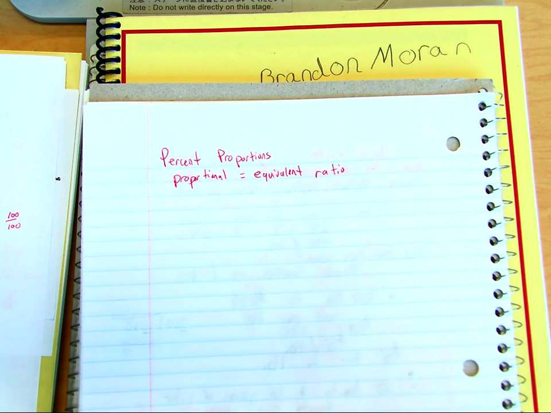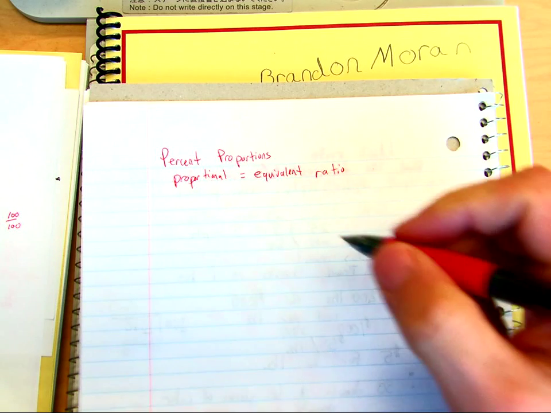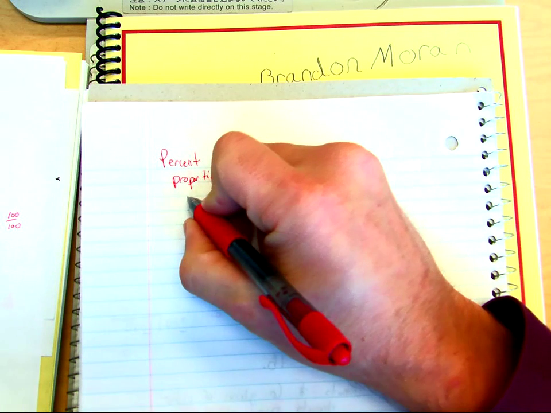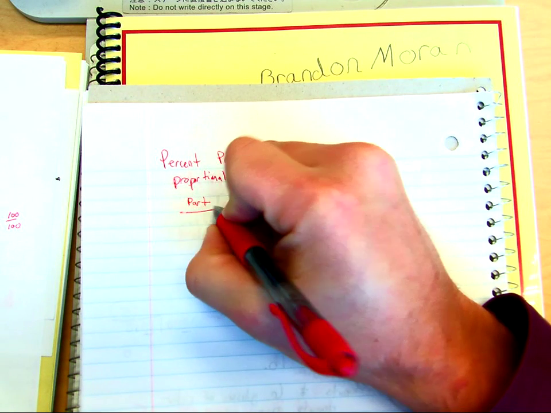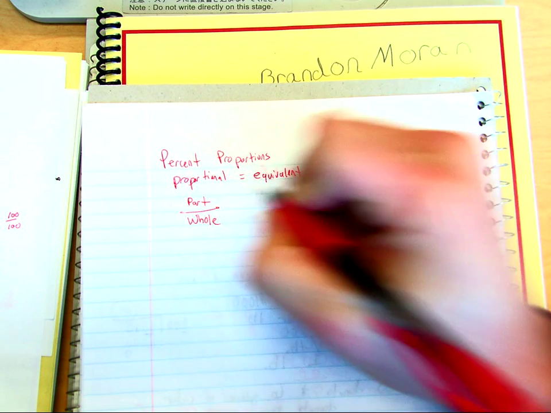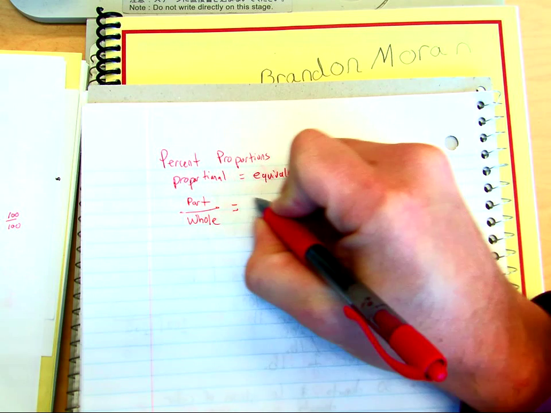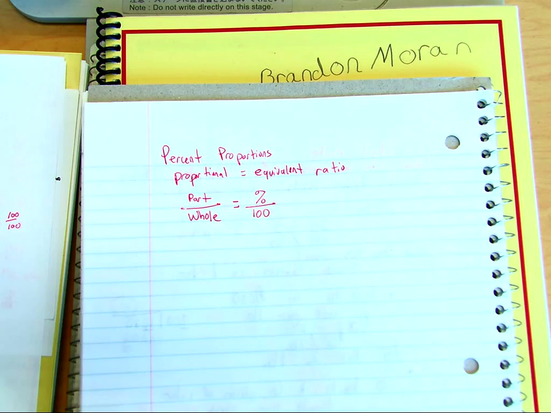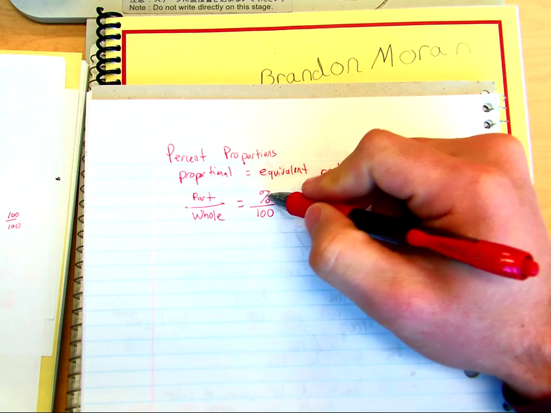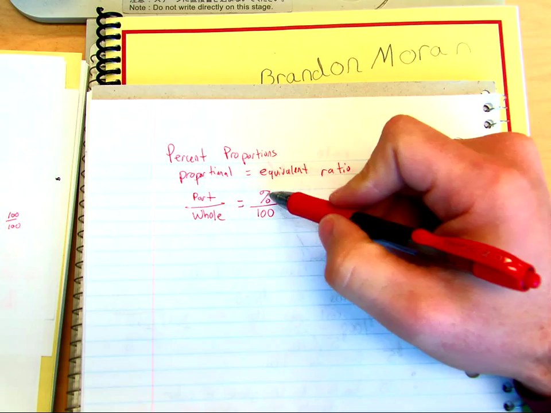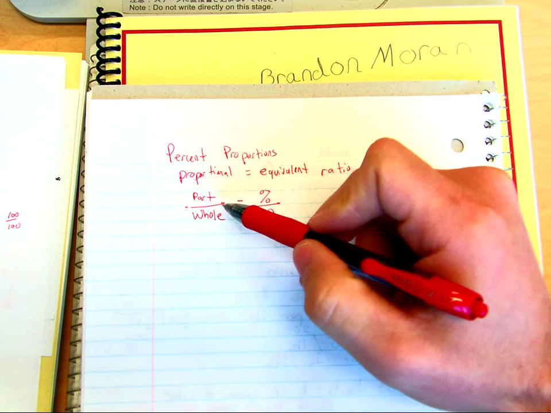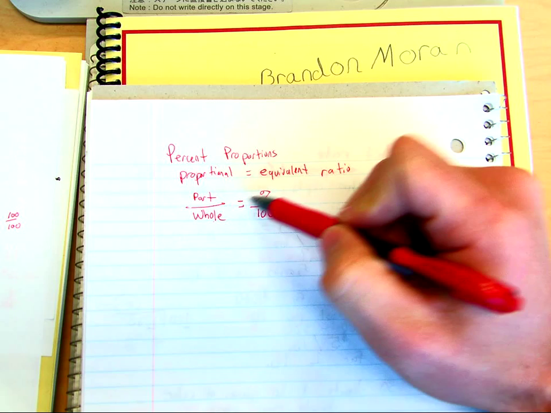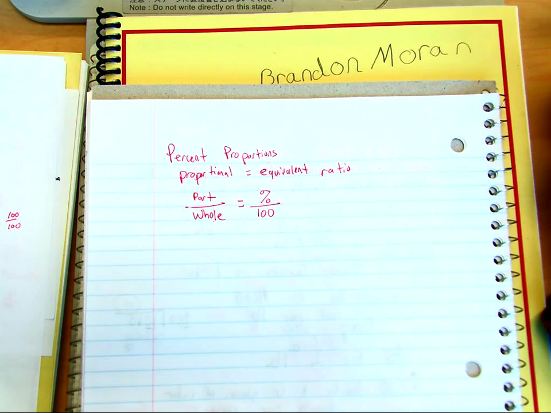And there's a key that we're going to use: you have your part over your whole, and that's going to be proportional to the percent out of 100. The percent sign means out of 100, so that's kind of just a given. So you always have your part over your whole equal to your percent over 100.